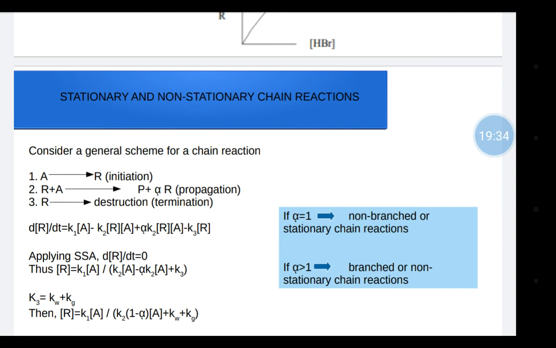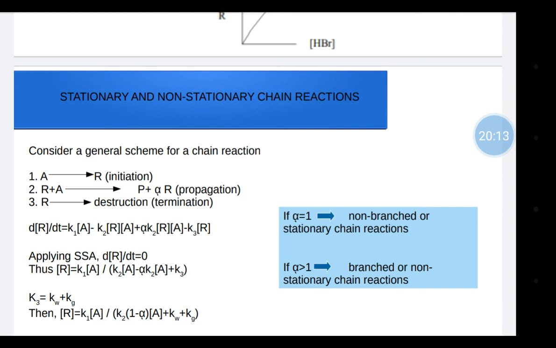Now the constant K3 can be written as the sum of two terms, Kw for the wall reaction and Kg for the gas phase reaction. Thus, concentration of R is equal to K1[A] divided by K2[A](1 - alpha), K2 and concentration of A being common can be taken outside, plus Kw plus Kg. Clear? This is the equation for concentration of R.